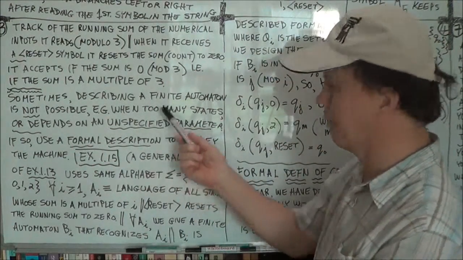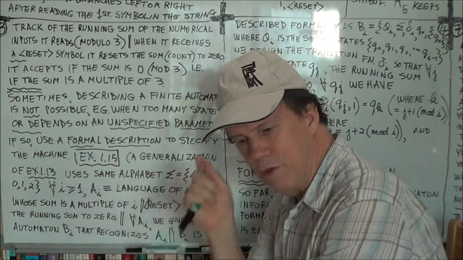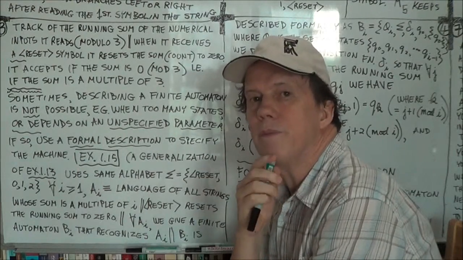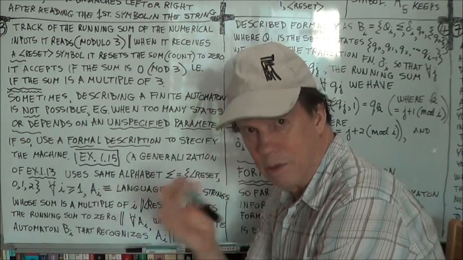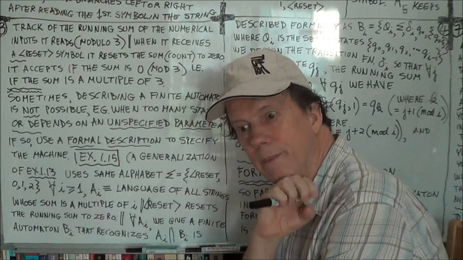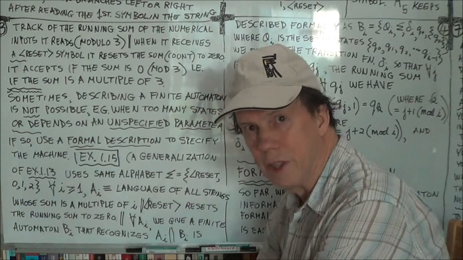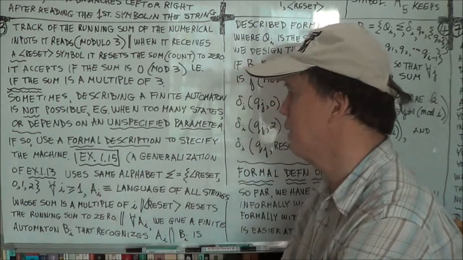I don't have an example here, but in some cases that's not practical, so you just have to describe your automaton by using the formal description, the 5 tuple with those 5 things I just mentioned.